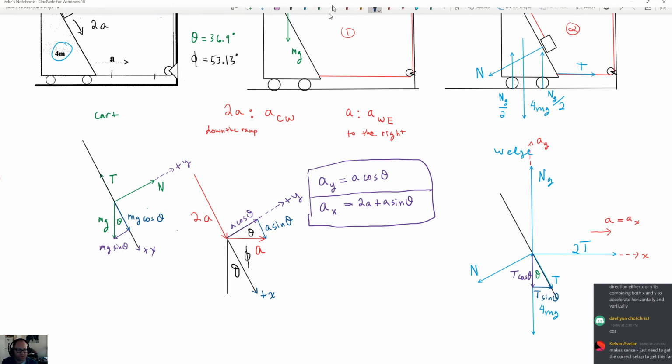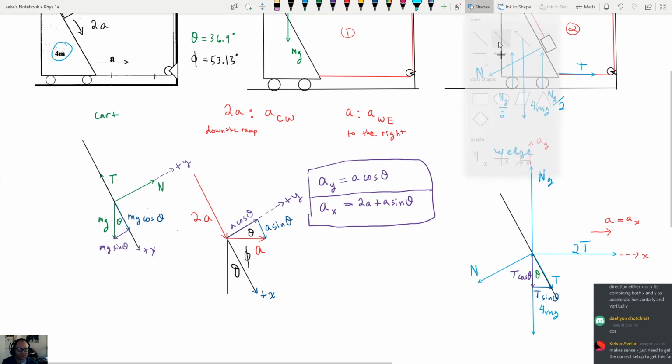We also need to break up the normal force N right here, so let's draw vectors for that one. The normal force N is going to break up like this. There's going to be one component that goes this way, and another component that goes down this way.